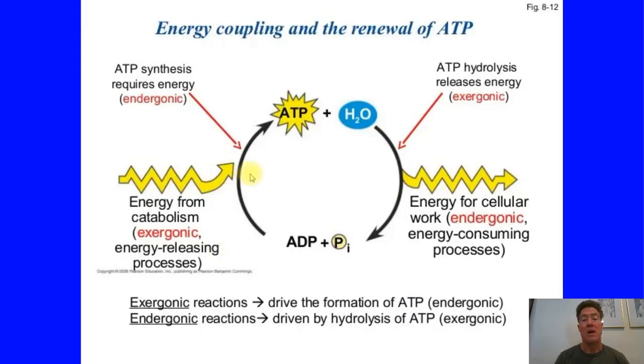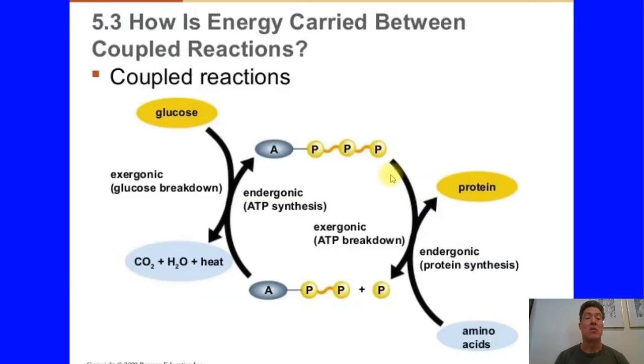So in this case, we're looking at ATP. Creating ATP requires energy, so we have to use the conversion of glucose or something like that to create ATP. But then that ATP, as it breaks down, can power other cellular activities that require energy. So you can couple a thermodynamically favorable process.